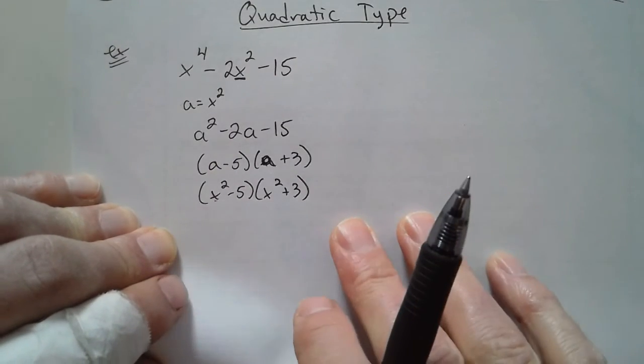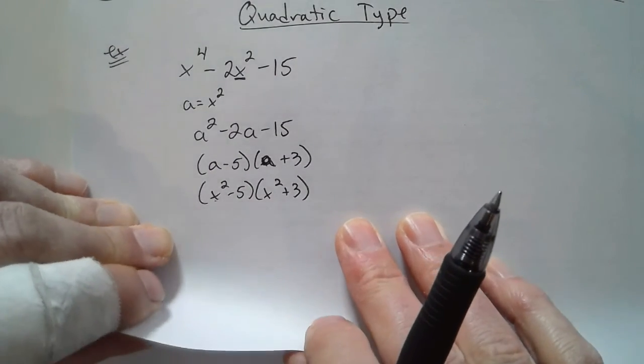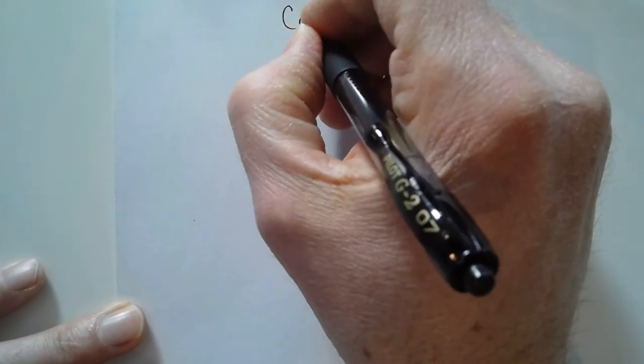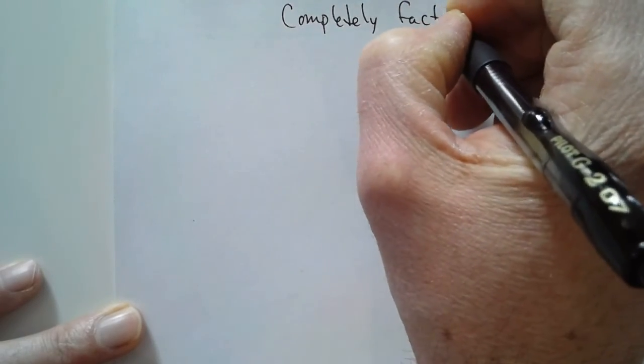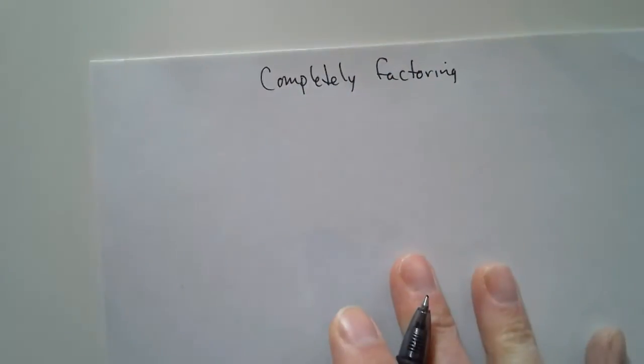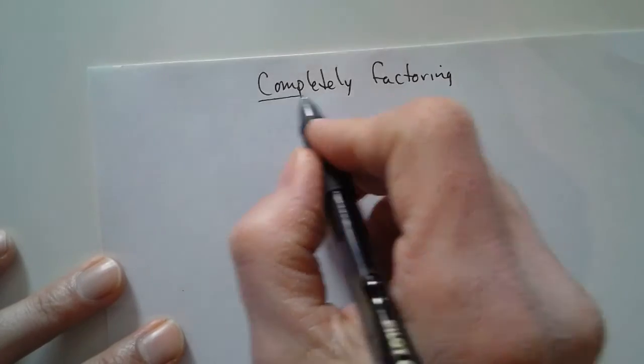Which brings me to completely factoring. Sometimes there's going to be multiple stages to it. So the first thing you always want to do when you factor is take out a greatest common factor. So this is completely factoring. Looks like I'm going to have to move quickly. I have like 30 seconds left before the video stops.